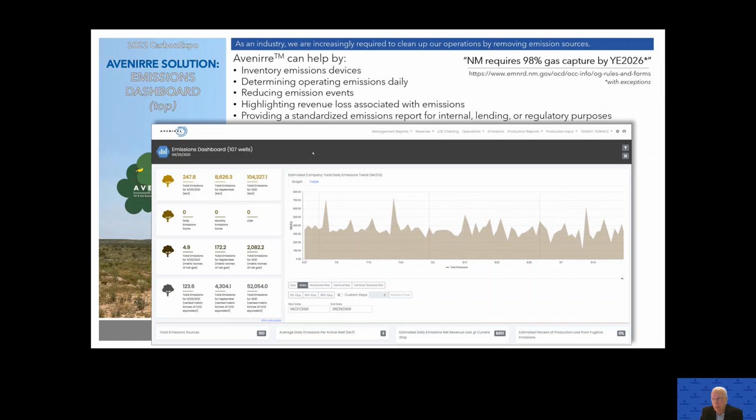For example, methane has a much greater environmental impact than does CO2, although methane doesn't last as long in the atmosphere as carbon dioxide. Carbon dioxide is a very stable molecule. So these agencies scored each gas with a ratio number compared to CO2.